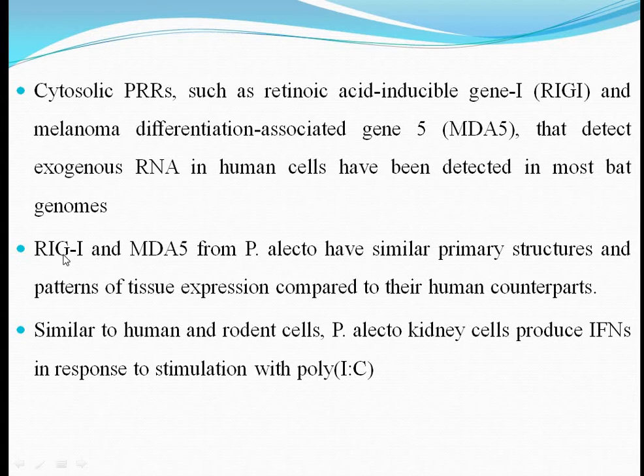Retinoic acid inducible gene 1 and melanoma differentiation associated gene 5 from P. alecto have similar primary structure and pattern of tissue expression compared to their human counterparts. Similar to human and rodent cells, P. alecto kidney cells produce interferons in response to stimulation with poly-IC.